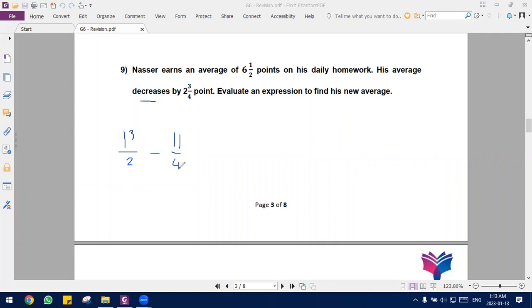Now here, in order to subtract them, again they should have the same denominators. So we multiply the first fraction by 2. 26 over 4 minus 11 over 4.